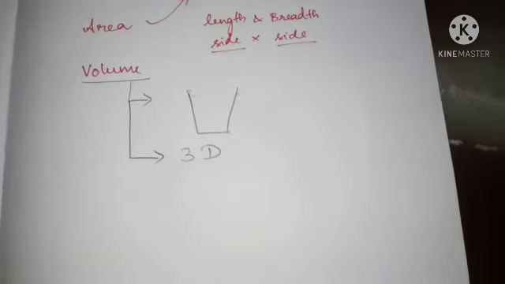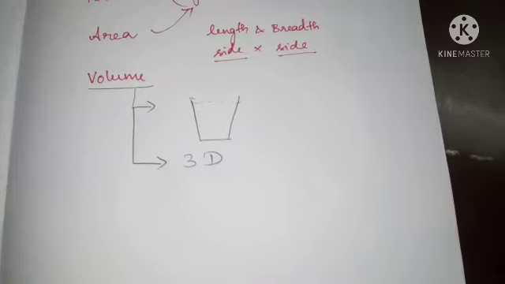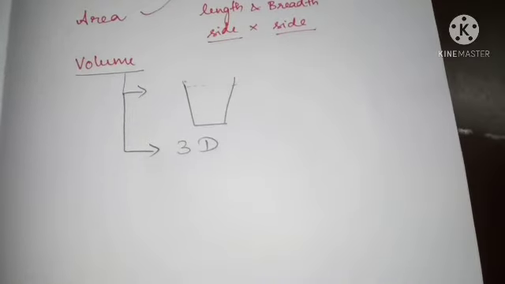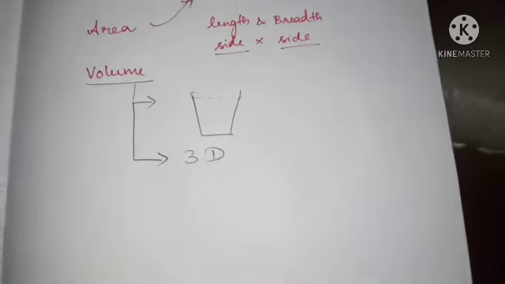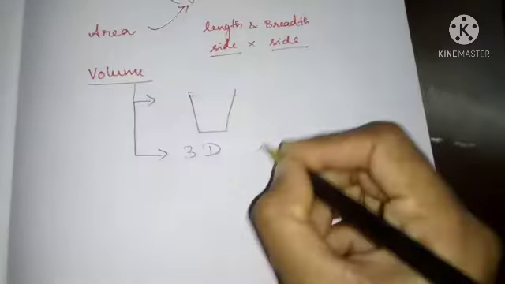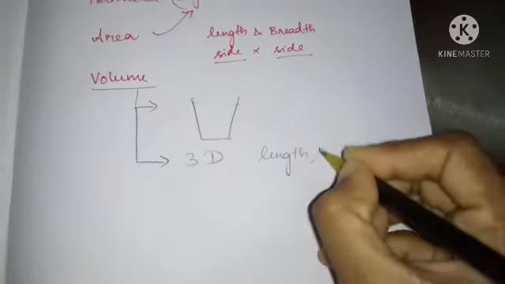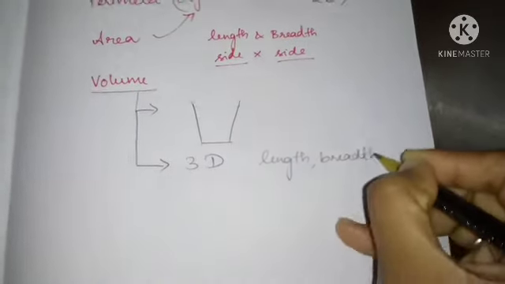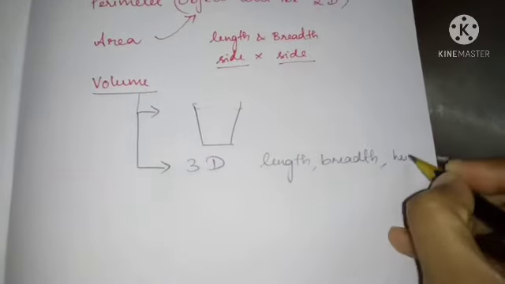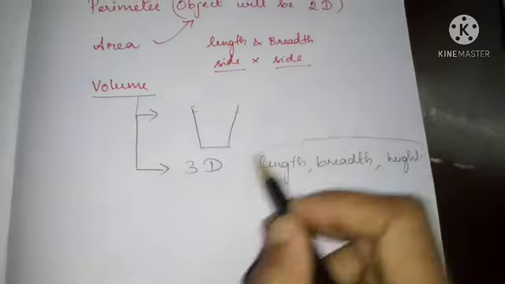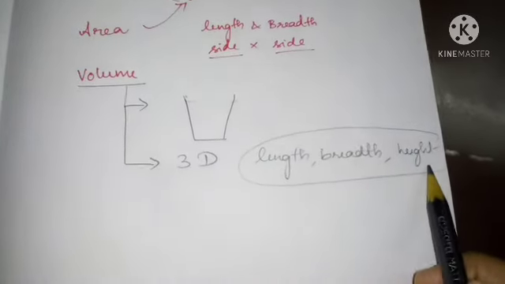What are the three dimensions you will use in these objects? In many diagrams we will use length, breadth, height. Most of the objects will have all the three measurements.